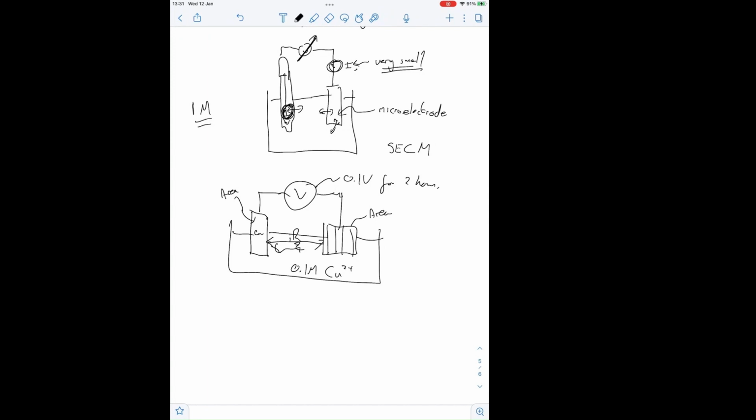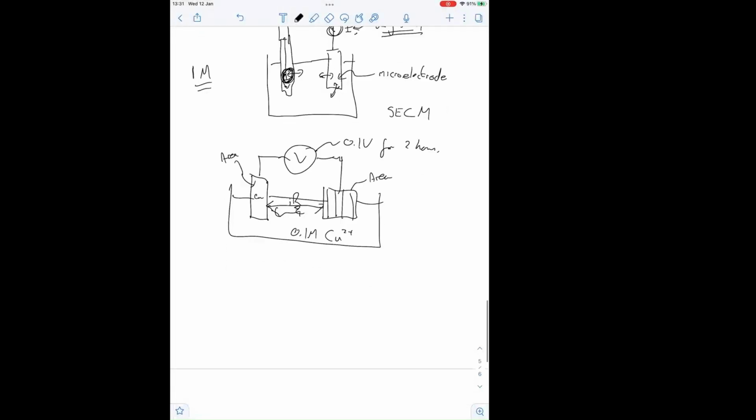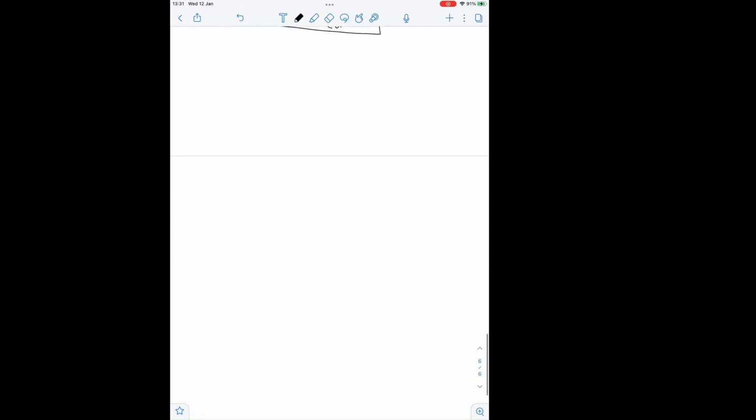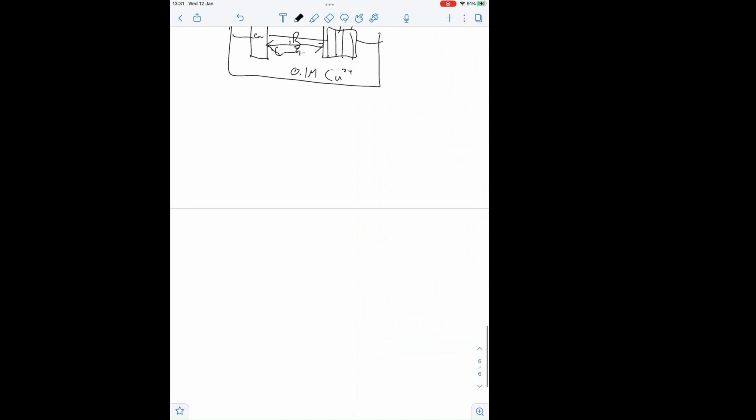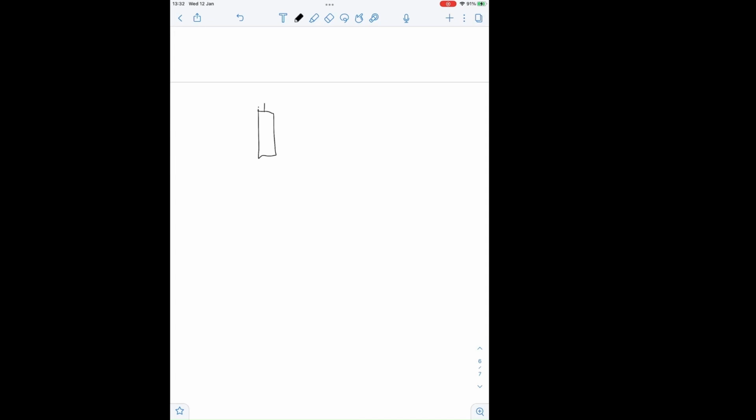So let's just look at the time. So what we use when we're doing current measurements, so we want to vary the voltage and measure the current, is we use three electrode modes. So we have a working electrode, and that's the electrode we're interested in. We have a reference electrode, and we have a counter electrode.